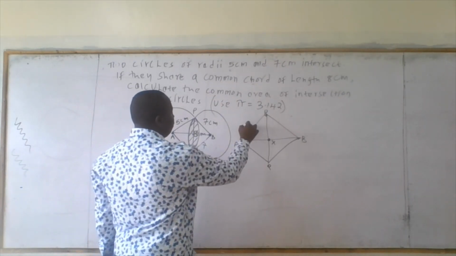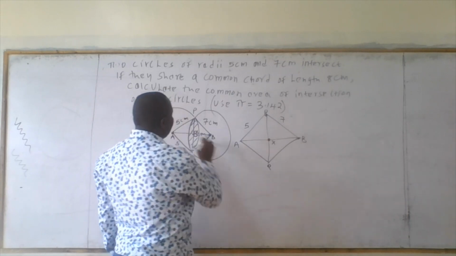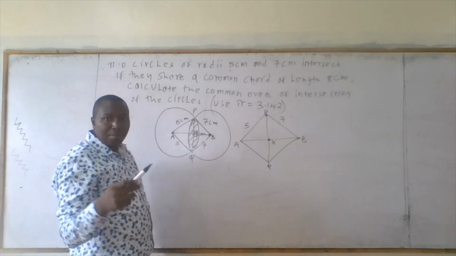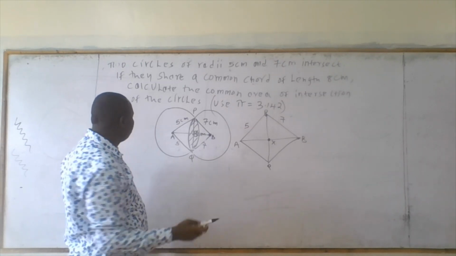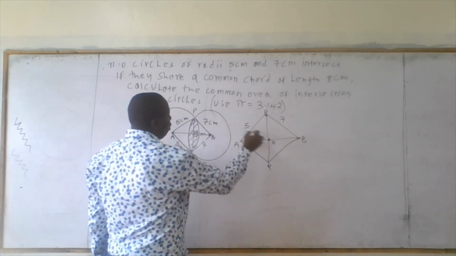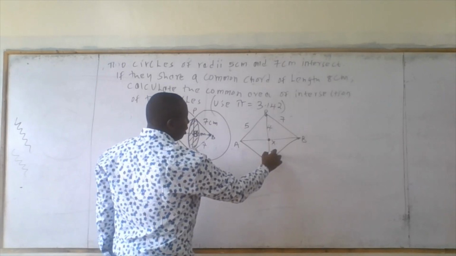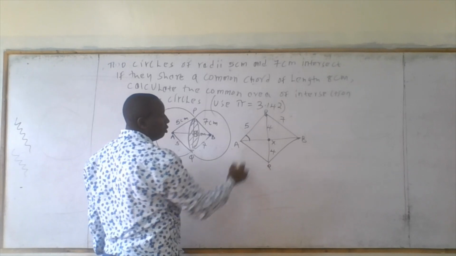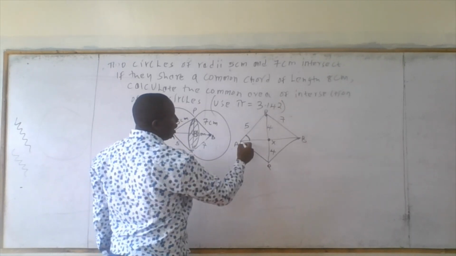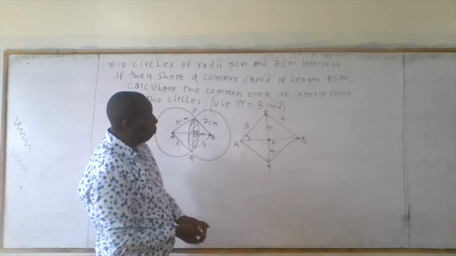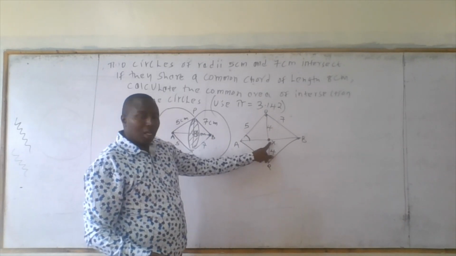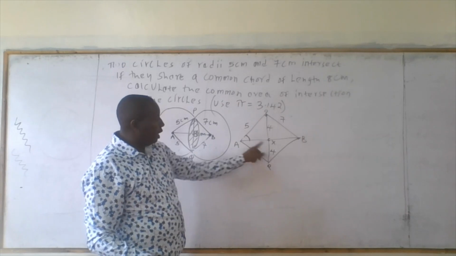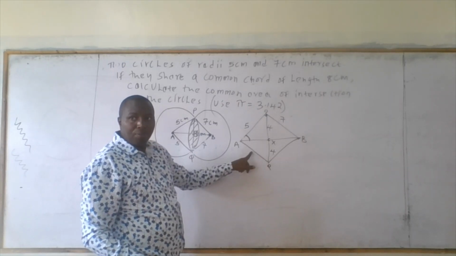So if this is 5 and this is 7, then this line joining the two centers bisects the chord. To bisect it is to cut it into 2, so this is 4 centimeters and this is 4 centimeters. The first step is to find angle PAX. Once you find angle PAX, it is equal to angle QAX, so you multiply by 2.